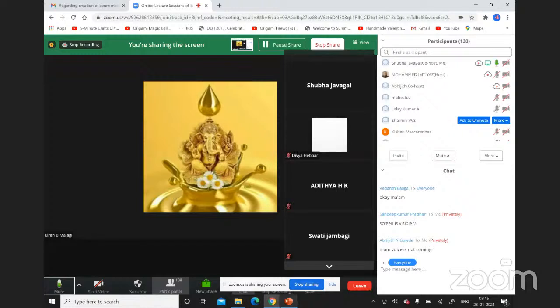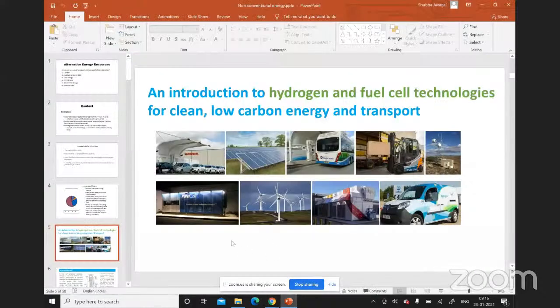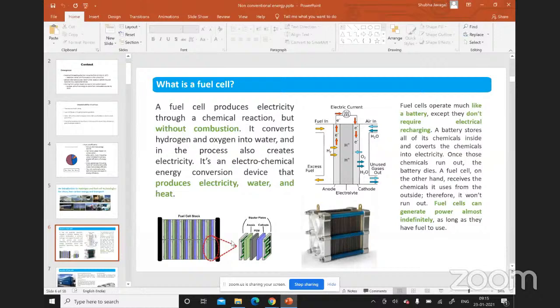All right. So we'll quickly start with the hydrogen fuel cells, right? What are these fuel cell technologies? This is basically a cleaner form of energy which generates electricity through chemical reactions, which majorly make use of hydrogen, right?